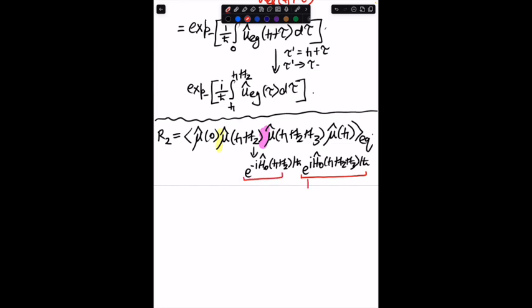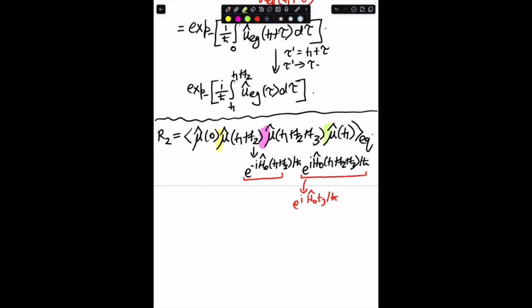So in the end, the effective operator is just a time propagator over t3, or the math just dictates that if you don't believe the argument.